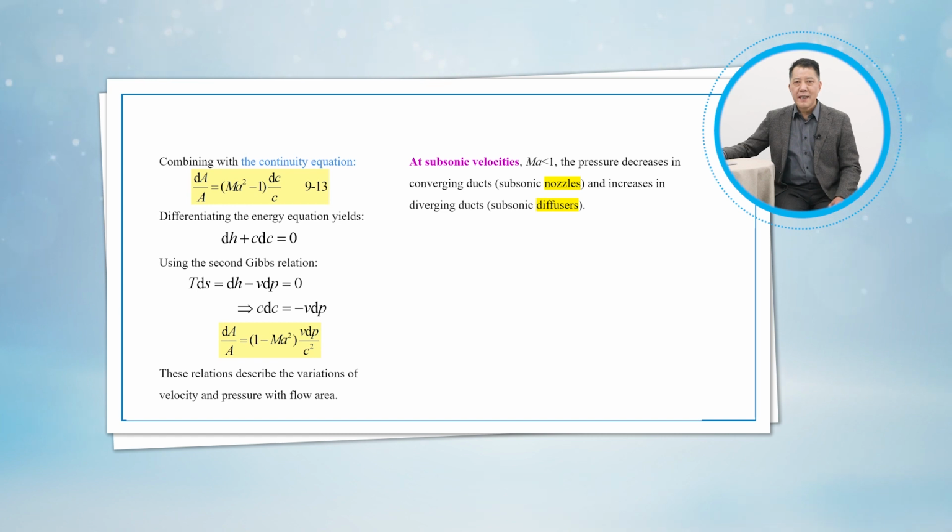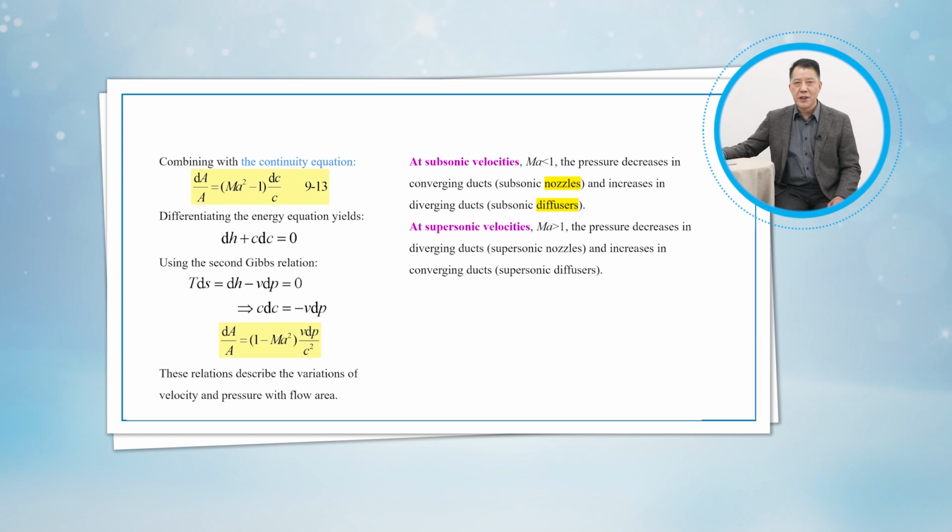At subsonic velocities, the pressure decreases in converging ducts and increases in diverging ducts. At supersonic velocities, the pressure decreases in diverging ducts and increases in converging ducts.